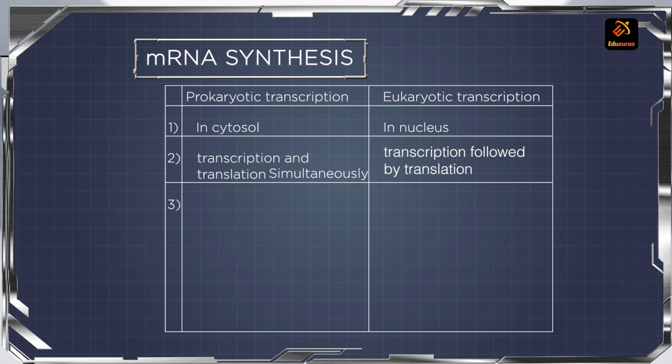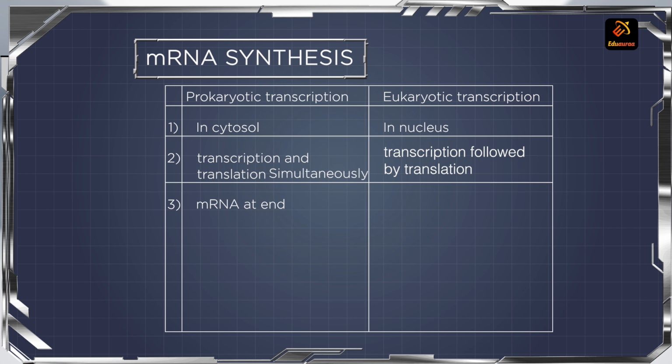Let us take up the next point. We very well know, children, that at the end of transcription in the prokaryotic cell, we get mRNA, right? Whereas at the end of eukaryotic transcription, do you get the actual mRNA? No, you do not.